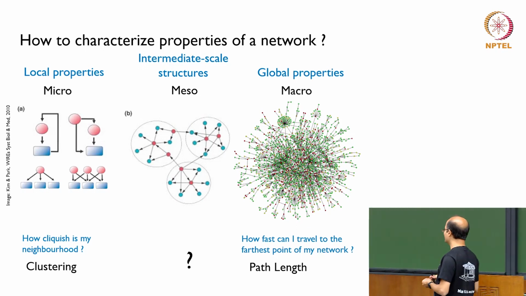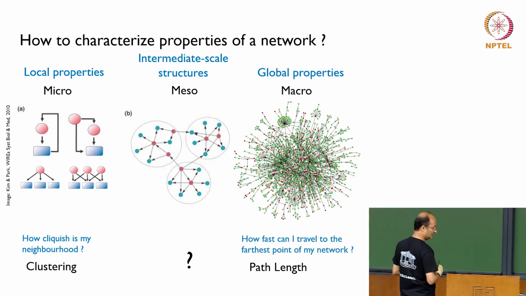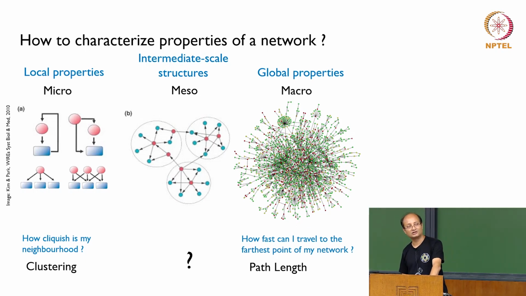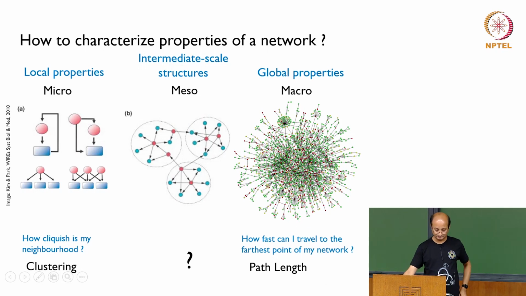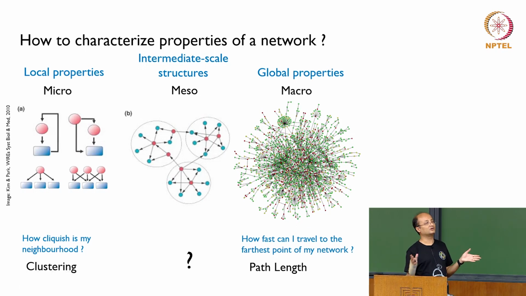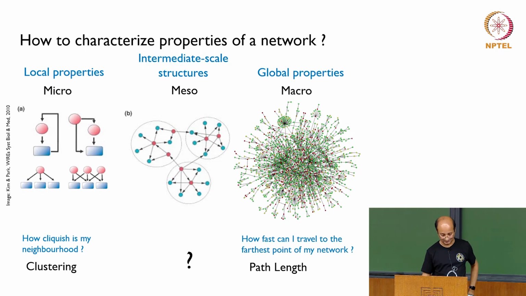By contrast, in micro level properties, you're asking questions about your immediate neighborhood of a node. So for example, how clustered is your particular neighborhood? How many of your neighbors are also mutual neighbors? That's a very, very local micro question. Or you could ask, are there motifs?